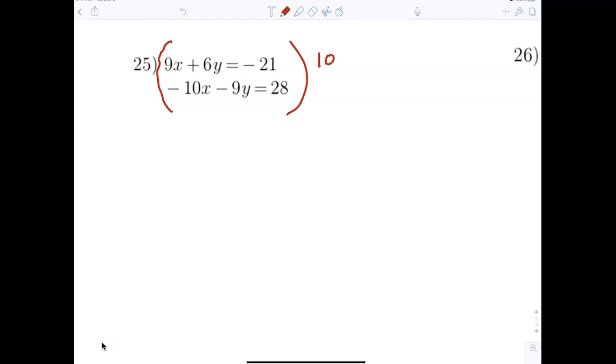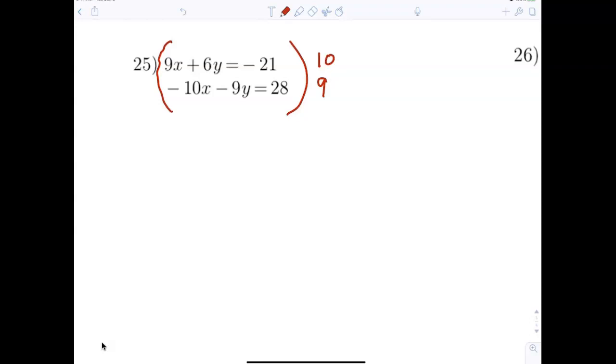Because one's already positive, one's already negative. You with me? So multiply the top by 10, the bottom by 9. That'll do it. Exactly correct. That's the easiest way because that's the least common multiple for 9 and 10. We could do the y's, or the numbers could be a little smaller, but I'm good with what you just said.